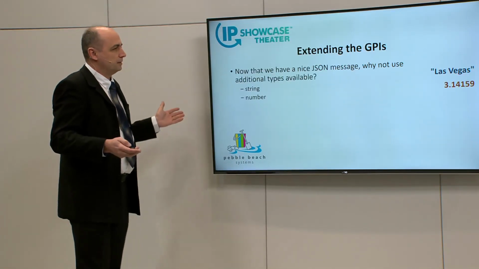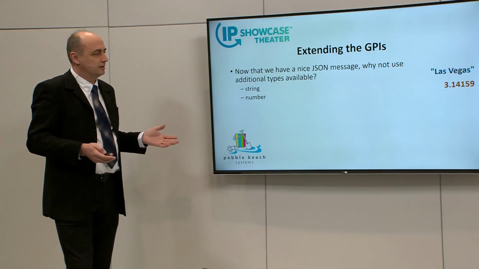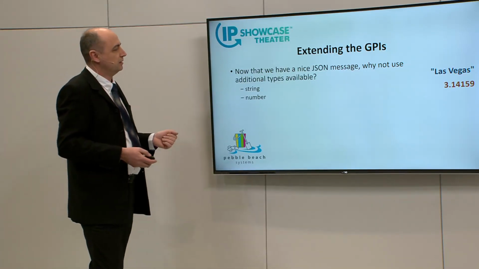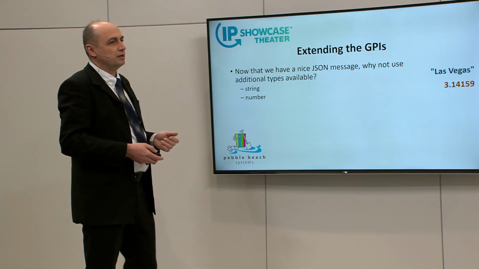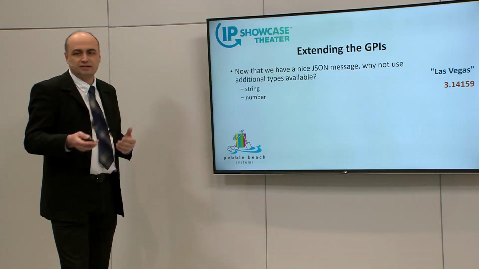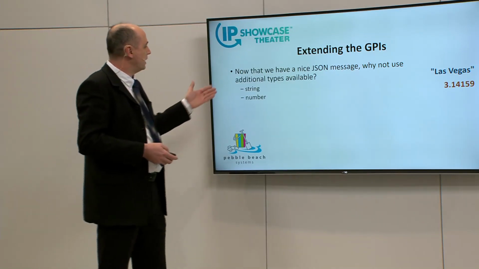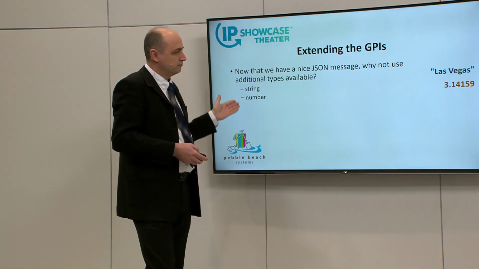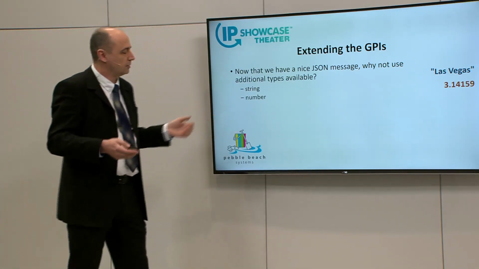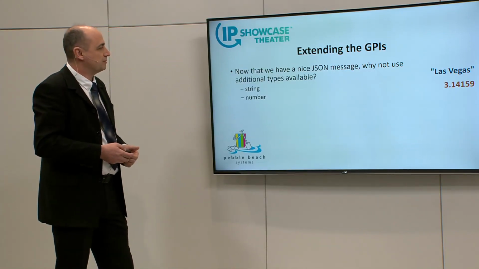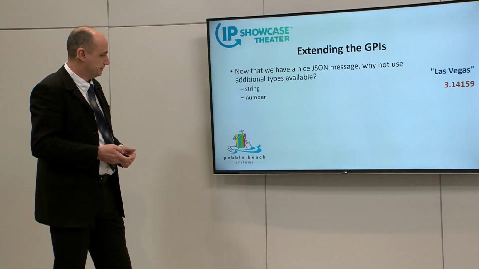But then, this was just GPI replacement, and we have now defined a JSON message that could be extended. Why would we just send Boolean values? So the next step was adding strings and numbers, which are common, default types in JSON.